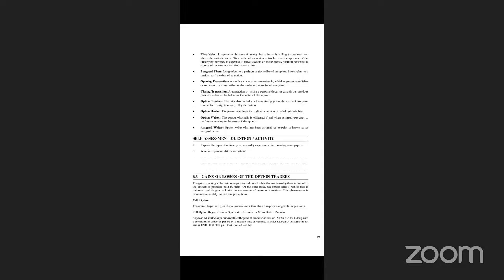Besides, time value represents the value as on that time, as the spot rate of the underlying currency is expected to move towards the money position between signing of the contract and the maturity date.